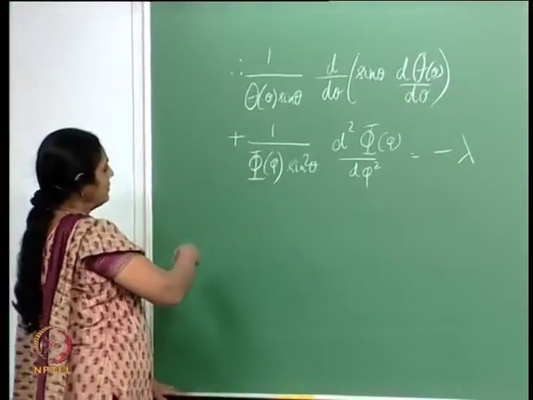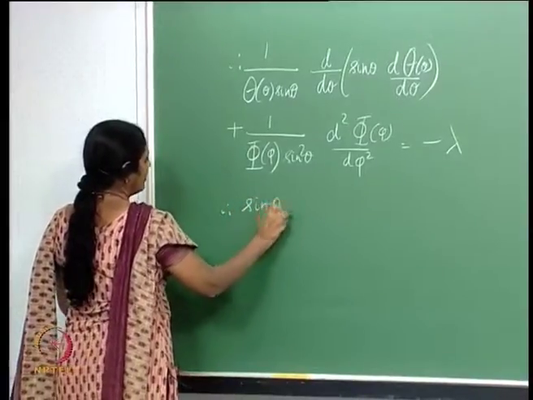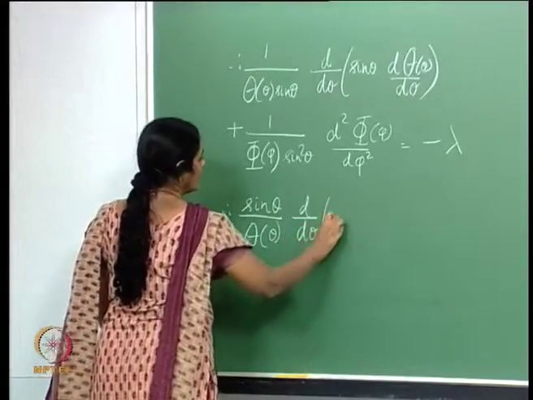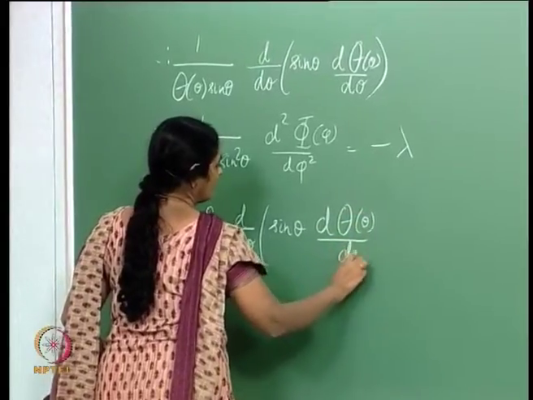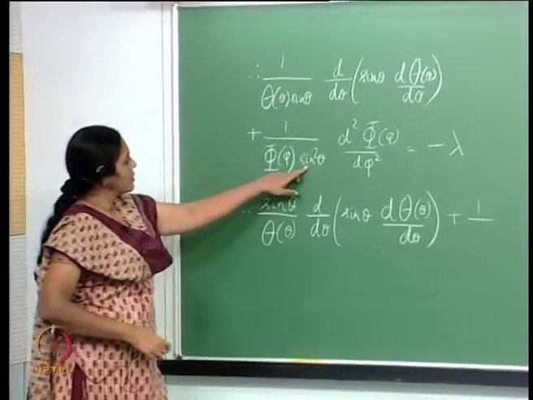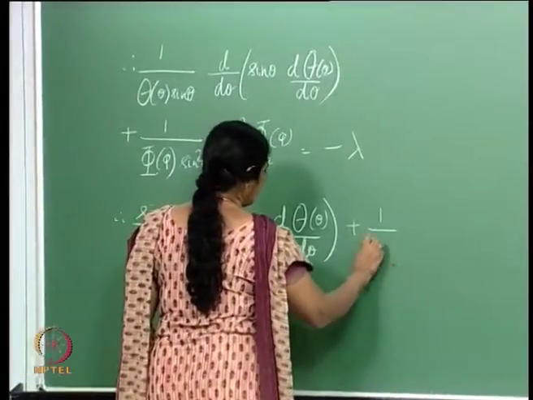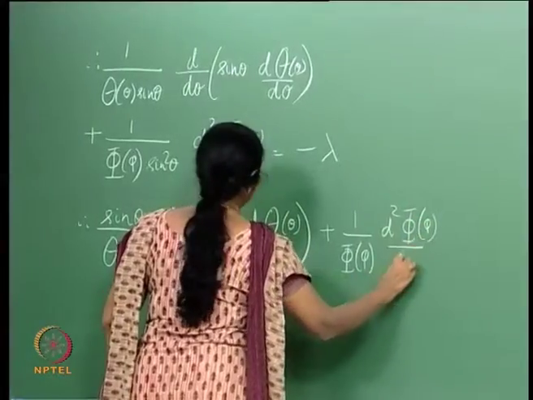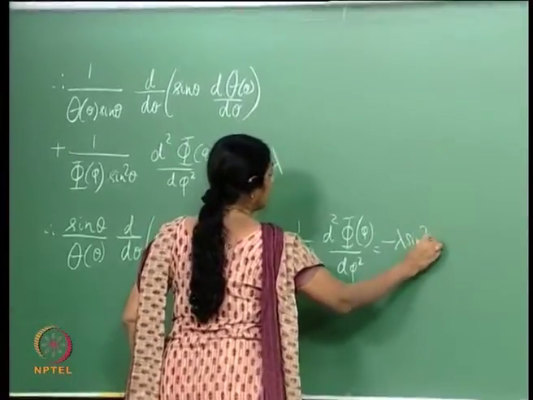I can make this better. Suppose I multiply by sine squared theta. I have the following equation. The sine squared theta disappears from here, leaving behind only a phi dependence, minus lambda sine squared theta.